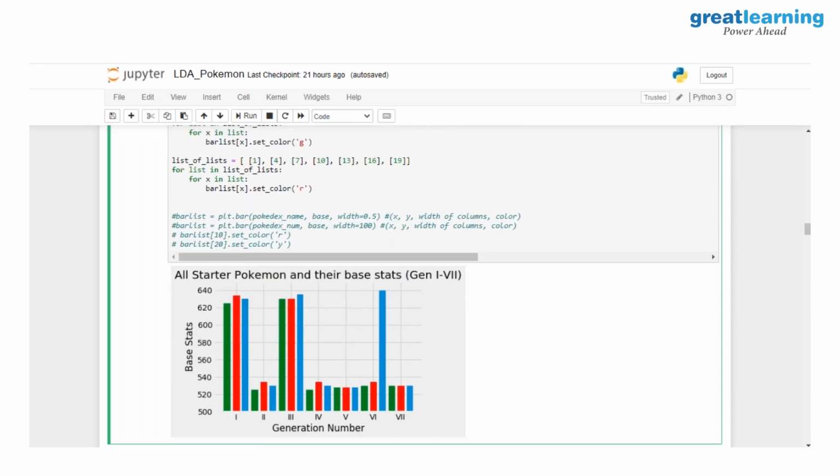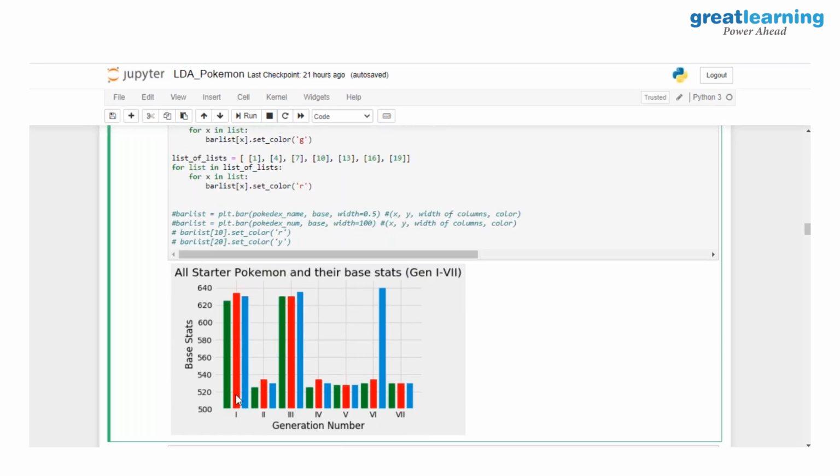The generation ticks and the generations are primarily being given in these Pokemon starter values. The question is, what do we understand from here? What is it that we are extracting? What is the analysis that I can perform moving further from these specific graphs?